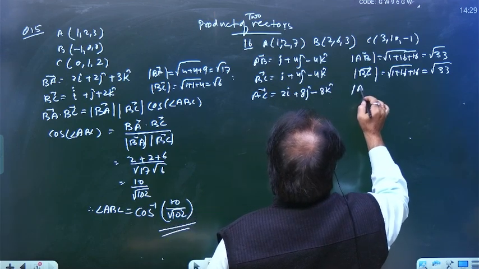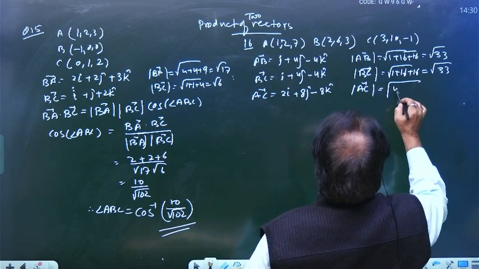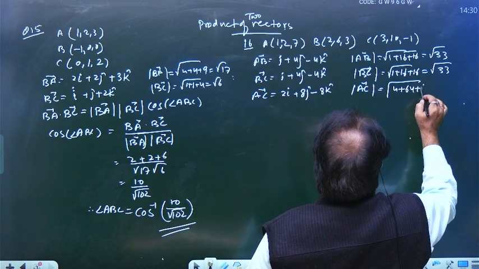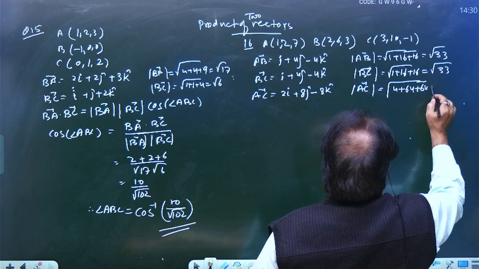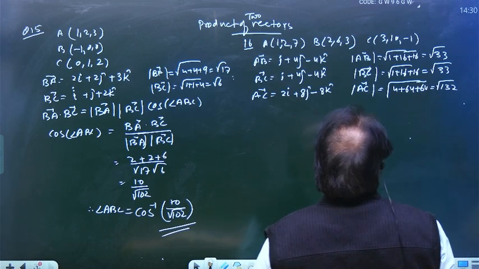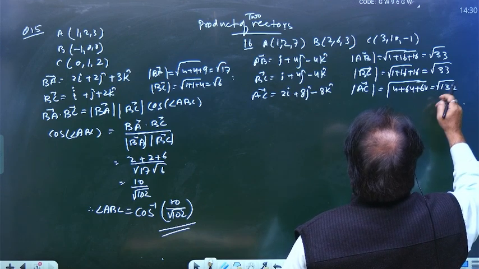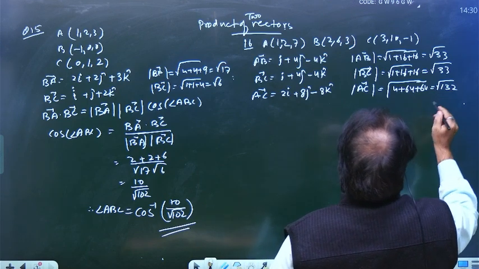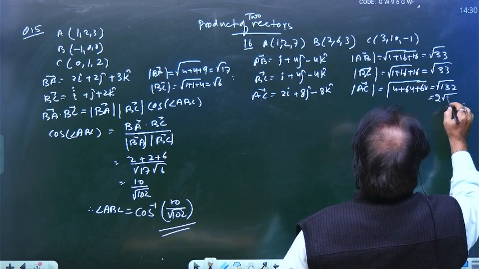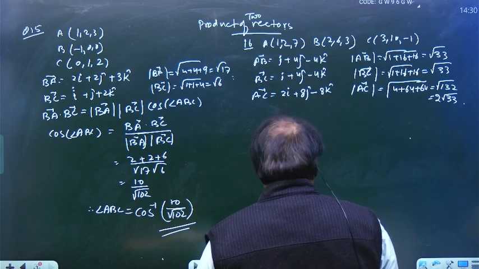So magnitude of AC is equal to root over of 4 plus 64 plus 64, that is 132. And 132 means 4 into 33, that is twice root over 33.